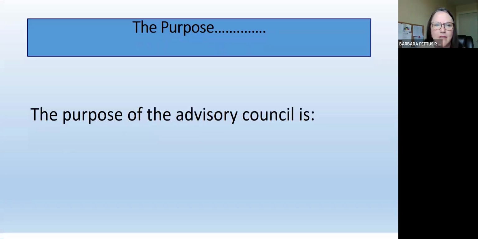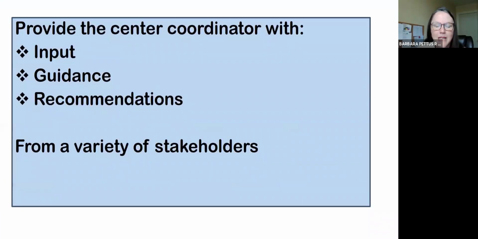If you want to advance to the next slide. Just in general, you all were right on target. All of those were excellent responses as to the purpose of the advisory council. In a nutshell, advisory councils are to provide the center coordinator with input, guidance, and recommendations for running the center. Just as the name implies, it's an advisory council.